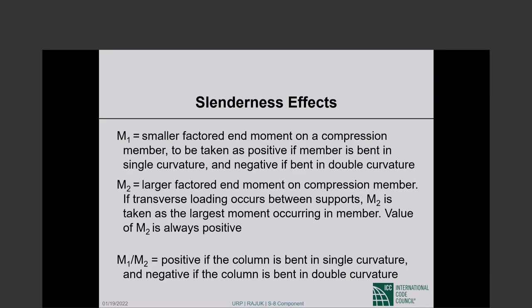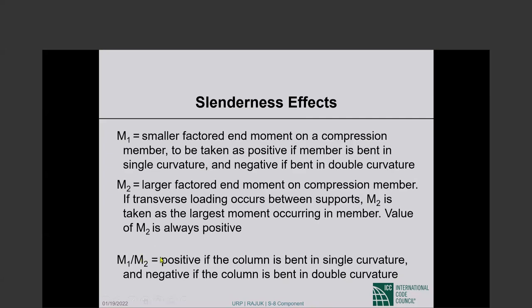So M1 is negative when the column bends in double curvature, positive when it bends in single curvature. M2 is always positive. And so if there is a horizontal load on a column, then bending moment may be maximum at a location other than an end, and then M2 will be the largest moment, not the end moment.